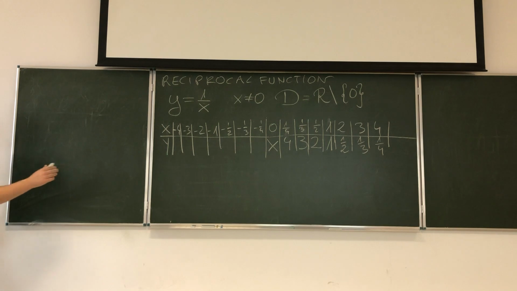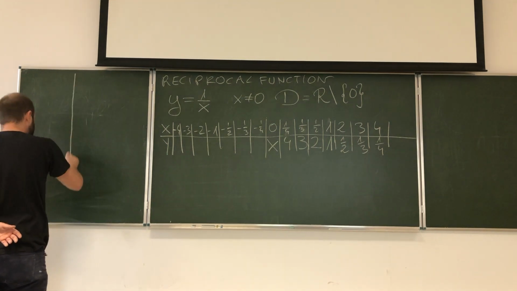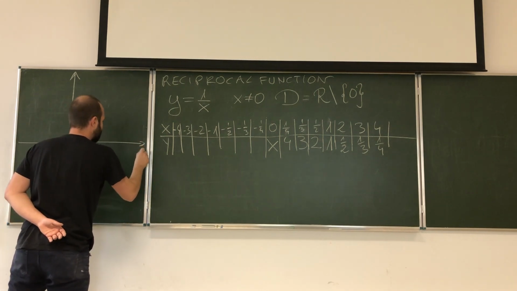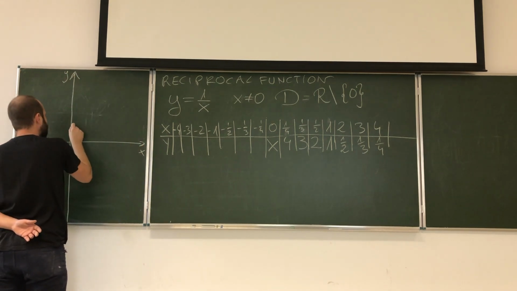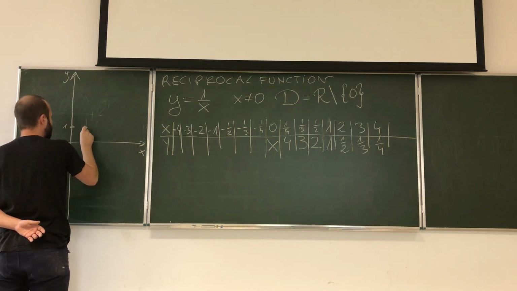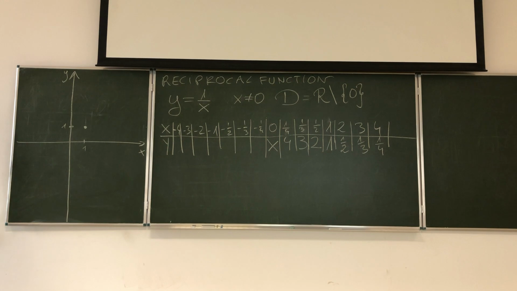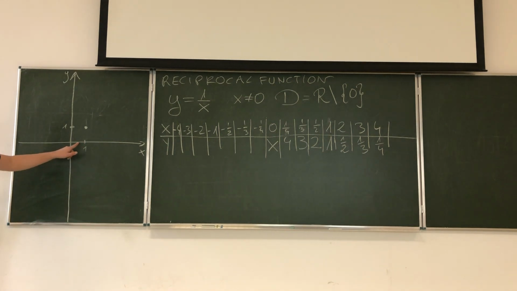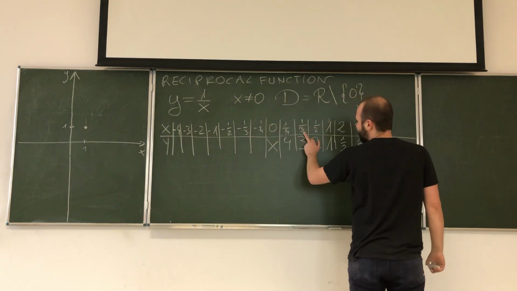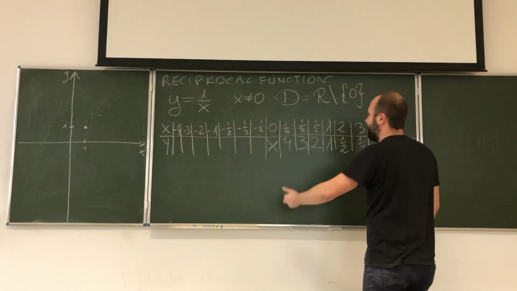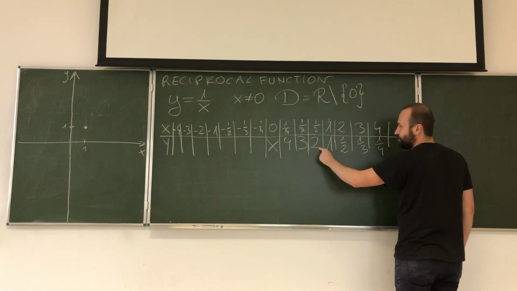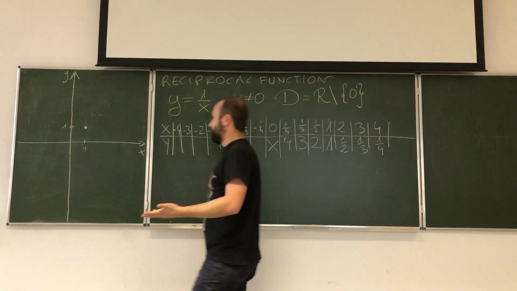Okay, so at this moment, we are ready to draw the first half of this function. Okay, we see that when x is 1, y is 1 as well. But now look, as x is getting smaller and smaller, 1 over 2, 1 over 3, 1 over 4, 1 over 5, for y we get the reciprocal, so we get bigger numbers, 2, 3, 4, 5, and so forth.